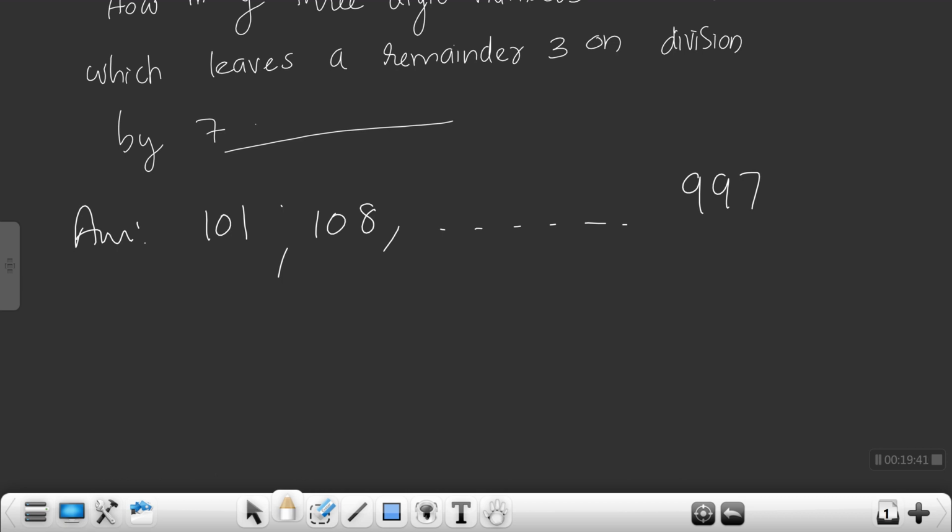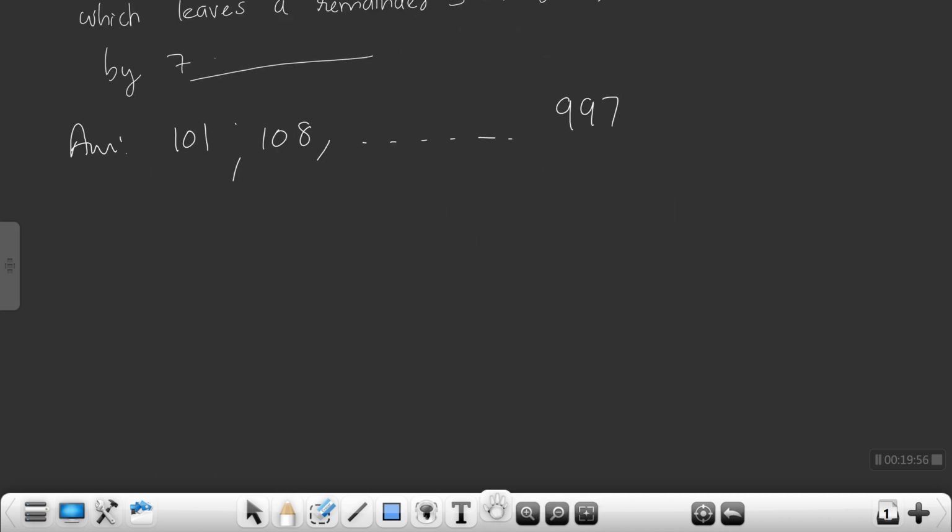When it is divided by 7, it leaves the remainder 3. Clearly the sequence is 101, 108, and so on, up to the last term 997. Here we want to find the number of terms of this sequence.